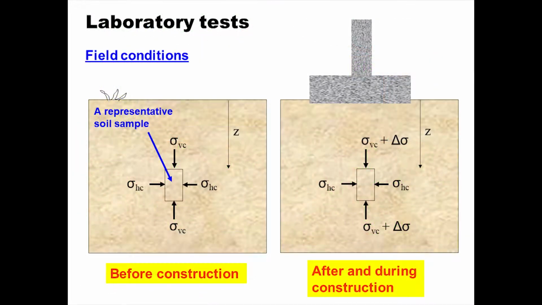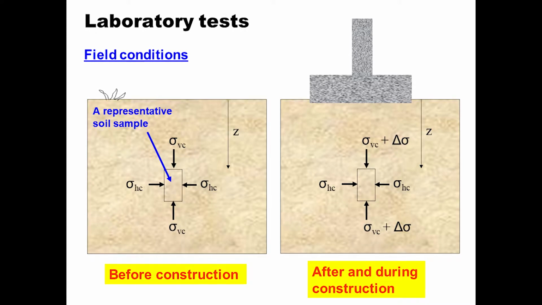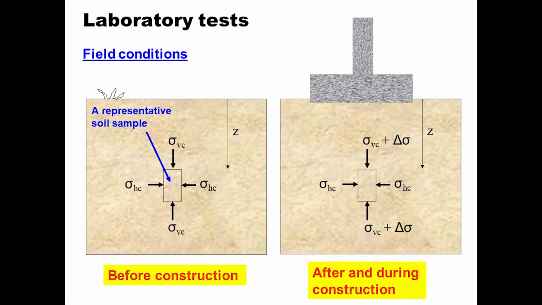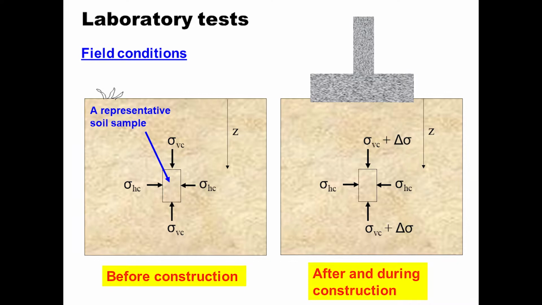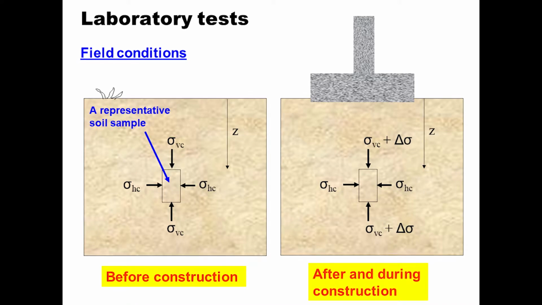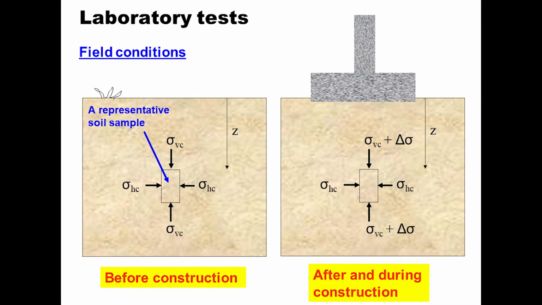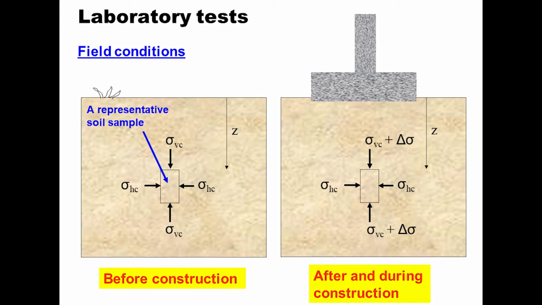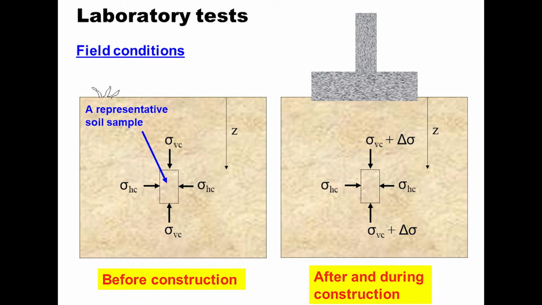Laboratory test field conditions: a representative soil sample, and if a foundation or construction load comes on it, then it acts as sigma hc, sigma vc plus delta sigma, because the construction is going on slowly so the loading increases.